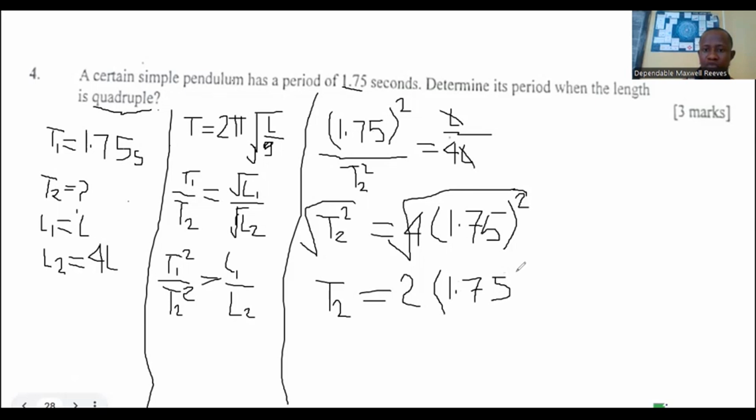Multiplying 2 times 1.75, our final answer will be T2 equal to 3.50 seconds.